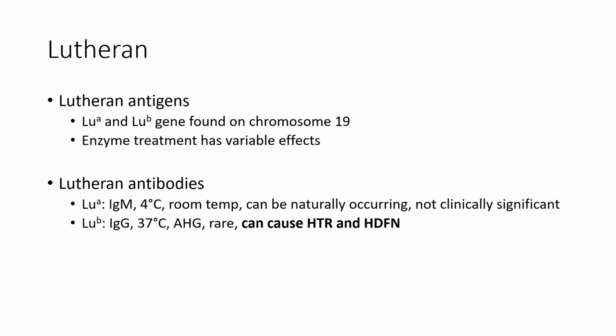Lutheran A is an IgM antibody, reacts at room temperature, and can be naturally occurring, usually not clinically significant. However, Lutheran B is an IgG antibody that reacts at 37 degrees and AHG phases of testing. It's rare, but it can cause hemolytic transfusion reactions and hemolytic disease of the fetus and newborn.